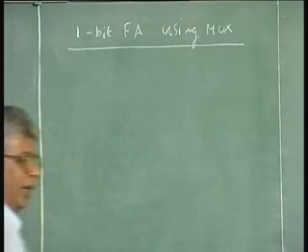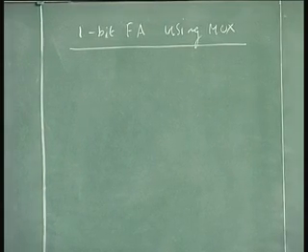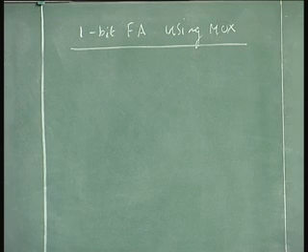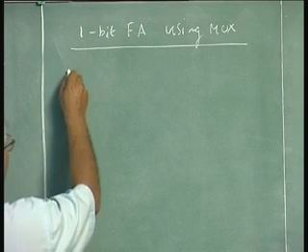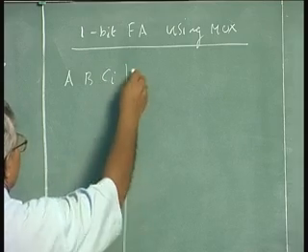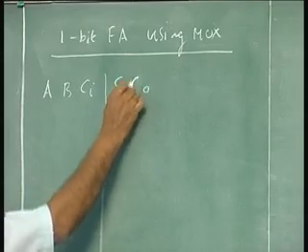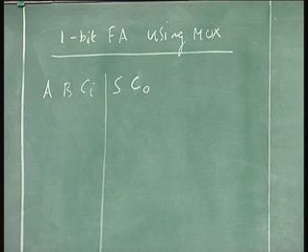I am going to design a 1 bit full adder using a mux, and all of you know the truth table, hopefully. A, B inputs, Ci is the carry, sum and carry out.